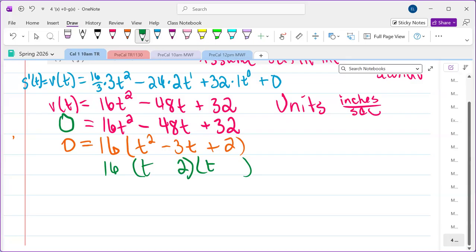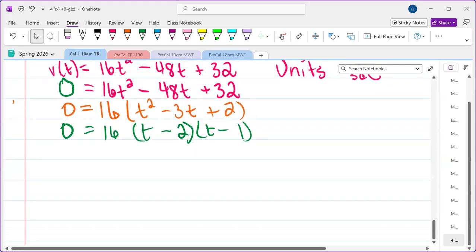There's only one way to get two numbers that multiply to 2 with integers: 2 times 1. If I make them both negative, t minus 2 times t minus 1, that would be t squared minus 2t minus 1t, which gives me minus 3t. Negative 2 times negative 1 would be positive 2. So this FOILs out. That is our factored form.